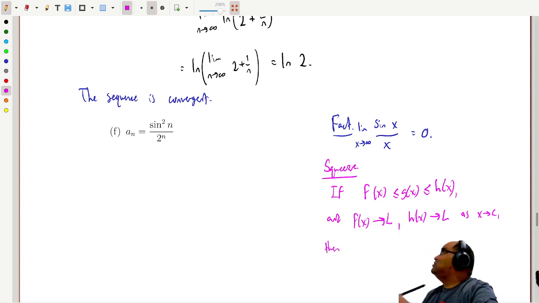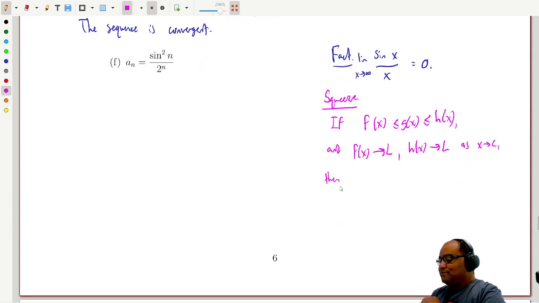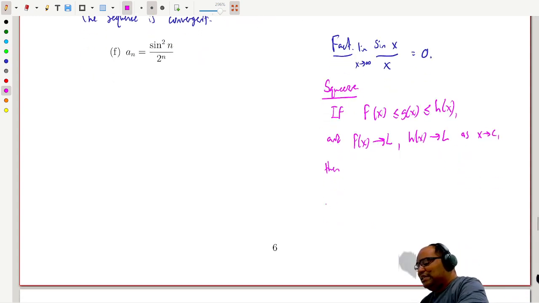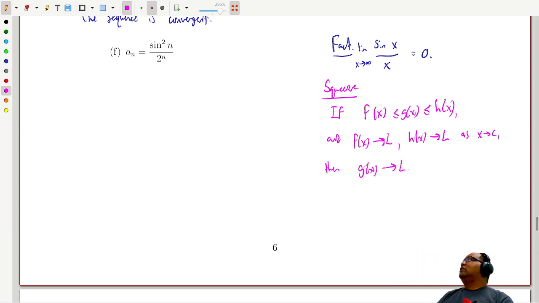It's got nowhere to go. I just realized it's behind my head. All right, let's fix that. So if we have this, then g of x, the thing in the middle, goes to L. It is squeezed. So how are we going to work with this?